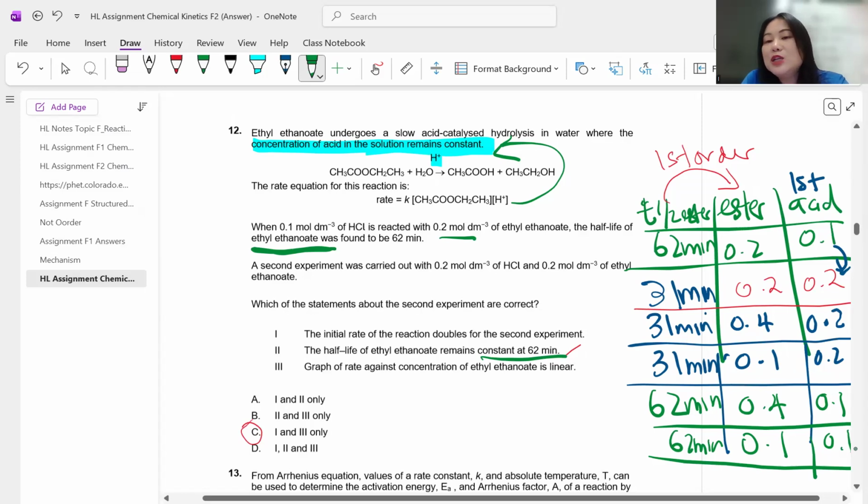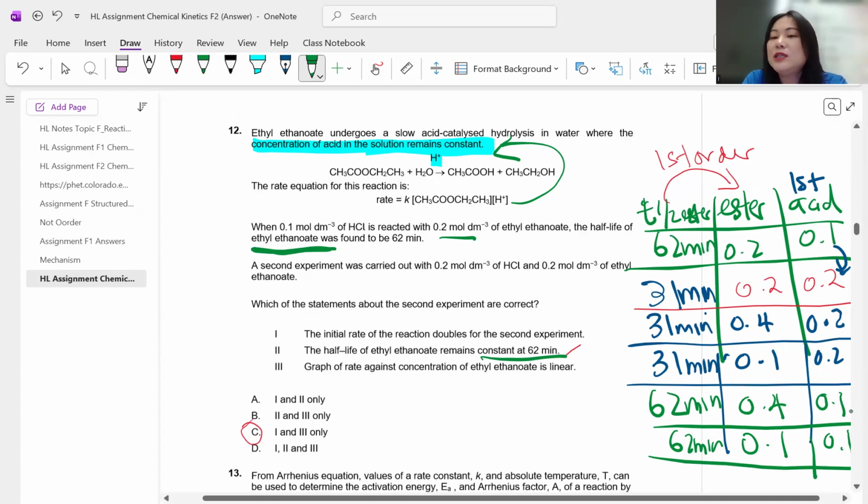Look at the table. So basically, if this is 62, it always stays 62 as long as acid is 0.1, because the half-life of ester will not change when concentration of ester changes. So as long as acid still keeps as 0.1, your ester changes to 0.4 or 0.1, it's still the same constant half-life.